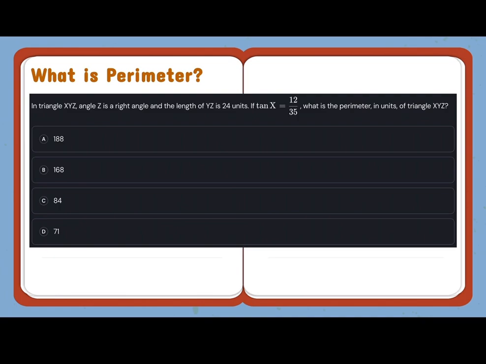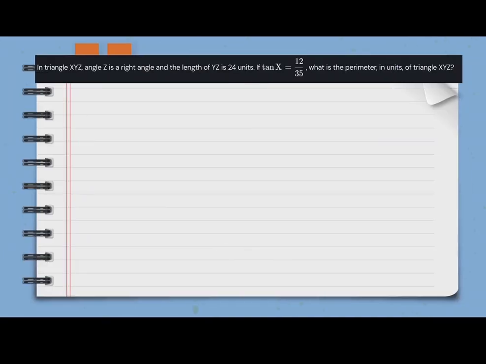To solve this problem, we actually just have to figure out what tangent x equals in terms of the lengths of the triangle. In this case, tangent x will equal YZ over XZ. And again, using SOHCAHTOA, we know that tangent is opposite over adjacent.